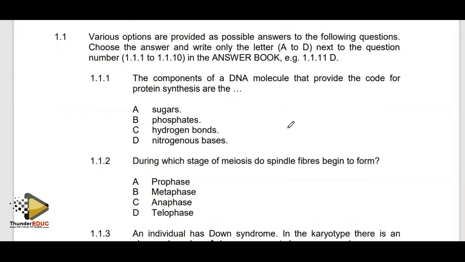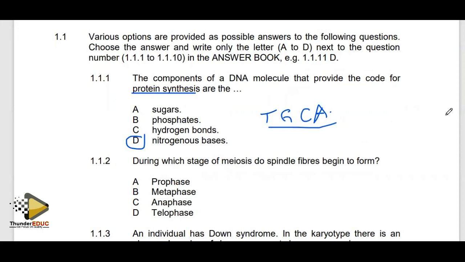What are the nitrogenous bases? We are talking about thymine, guanine, cytosine, and adenine. These nitrogenous bases are organized together to form a gene. These are the ones which bring about a protein. So the answer is D.